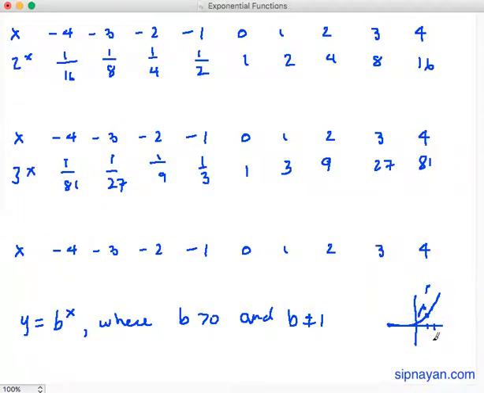So, ang ibig sabihin niyan, at the left of the y-axis, at the value less than 0, mas mababa naman yung graph nito, mas malapit sa x-axis. So, ibig sabihin, kung magmamagnify tayo dito.